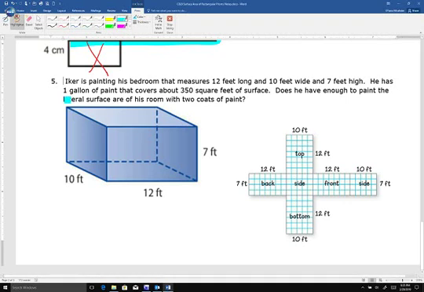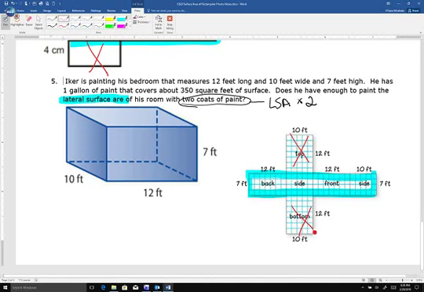The lateral surface area. But there's a little tricky piece in here that it says it wants 2 coats of paint. So this makes me think that we are doing the lateral surface area times 2. So again, I'm going to highlight the lateral surface area of the bedroom because we don't need the ceiling or the floor.